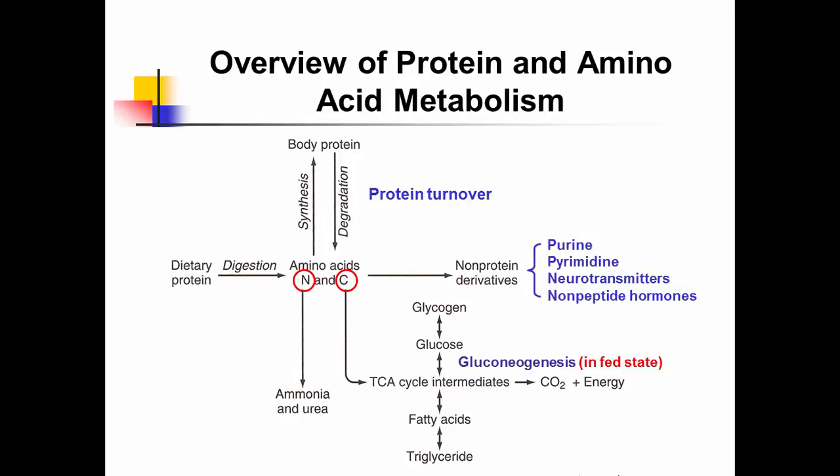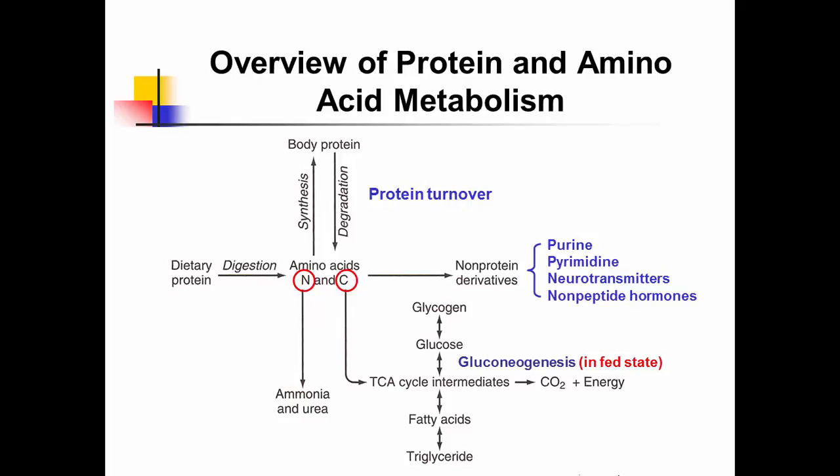And in terms of catabolism, the carbon metabolism of amino acids that I described can be utilized for energy during fasting, or can be converted to glucose or fatty acids in the fed condition. And in the nitrogen metabolism of amino acids, nitrogen can be removed from amino acids before the carbon is further metabolized for this purpose.